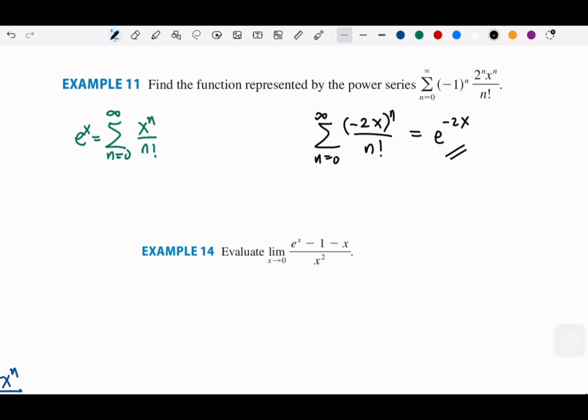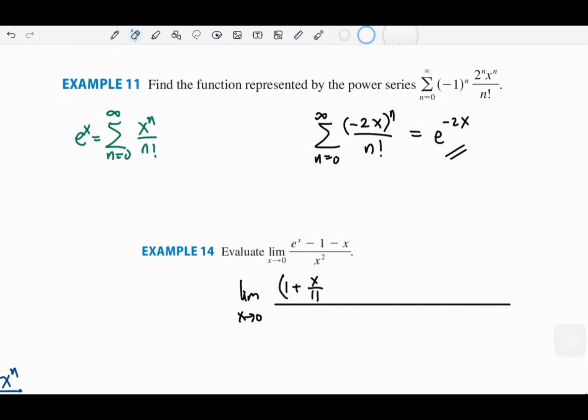For example, we can exchange the e with power of x by taking the series 1 plus x over 1 factorial.